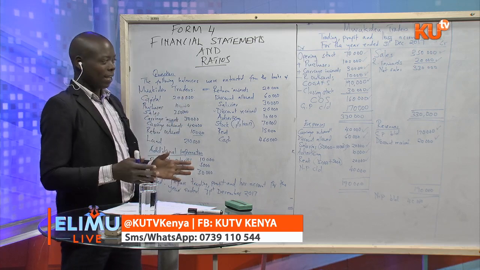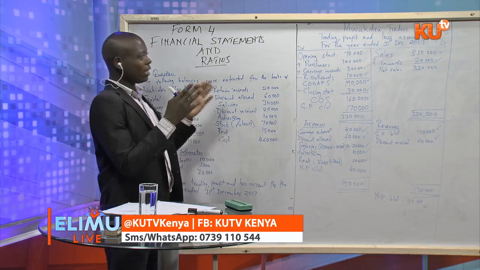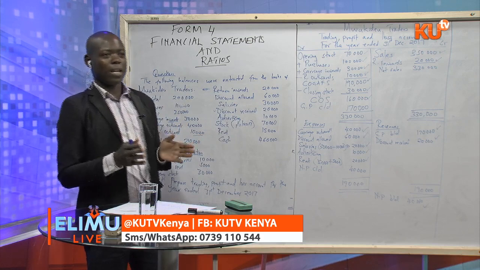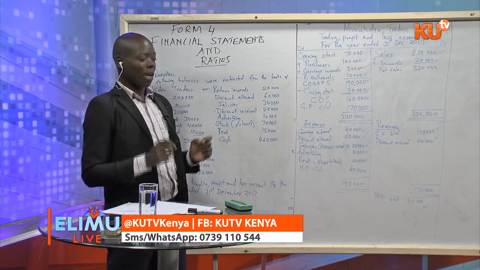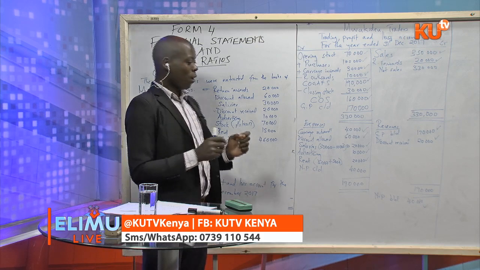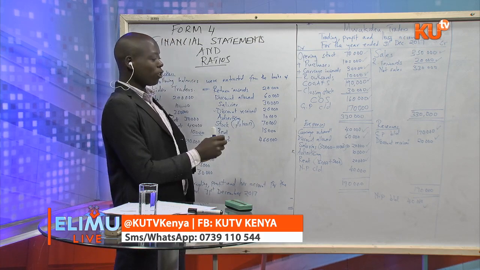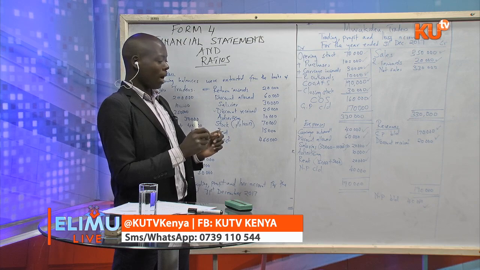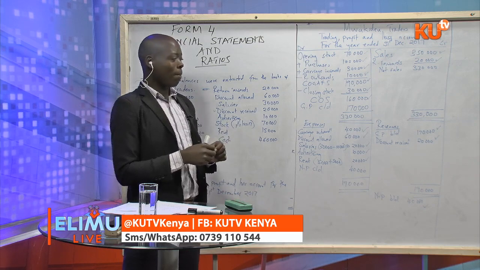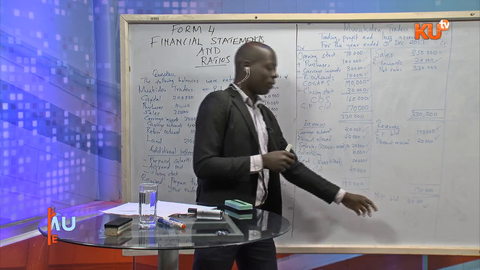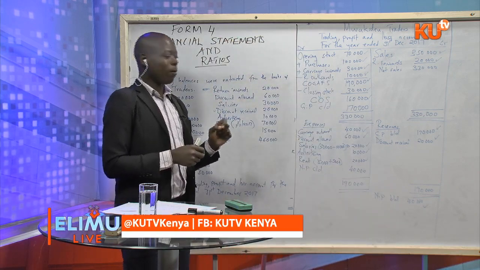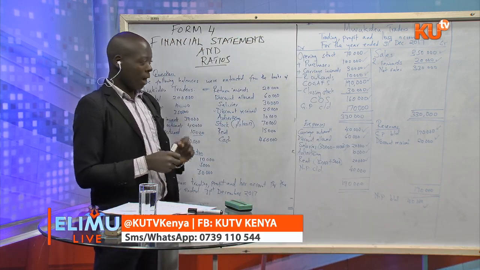And then again, after preparing the trading profit and loss account, if the examiner asks you to extract a balance sheet, he's only trying to see if the figure you have as net profit is the correct figure in conformity when you're preparing the balance sheet, so that when you transfer the net profit to the balance sheet, you add it to the capital.